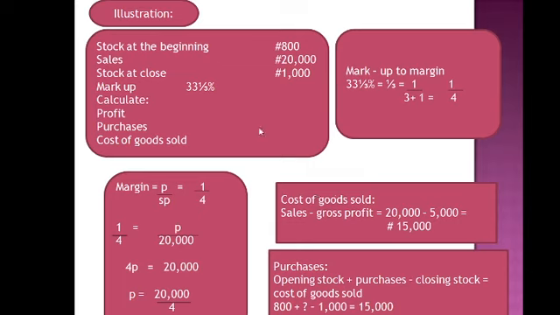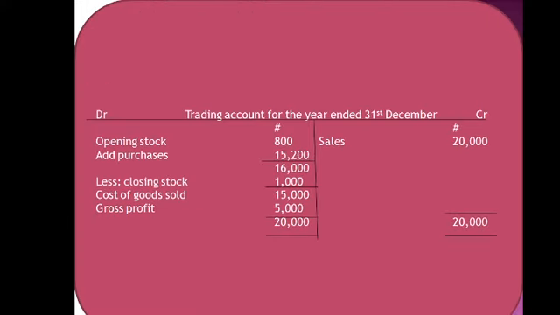Now let's post all these items to our trading account. Hope you are following. Here I have my trading account. Remember, I always tell you debit sign, credit sign, naira sign, naira sign. The question did not give me the account owner, so that is why you're not seeing it here. Now I have the account I'm preparing, which is the trading account for the year ended 31st December.